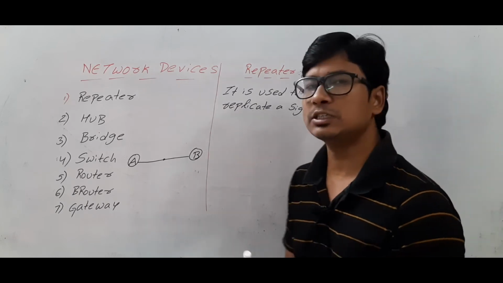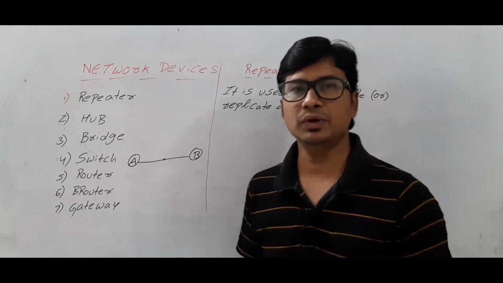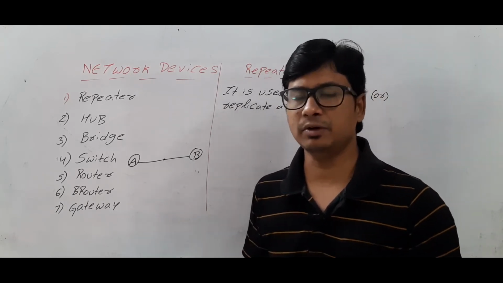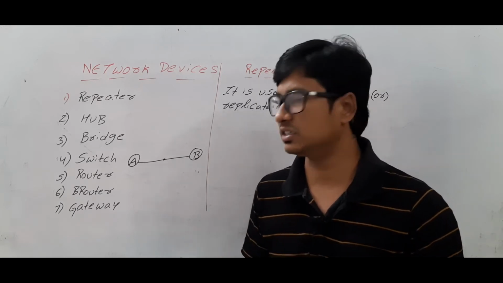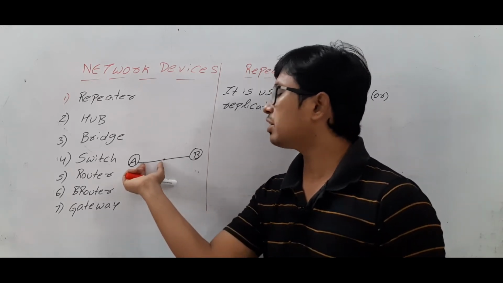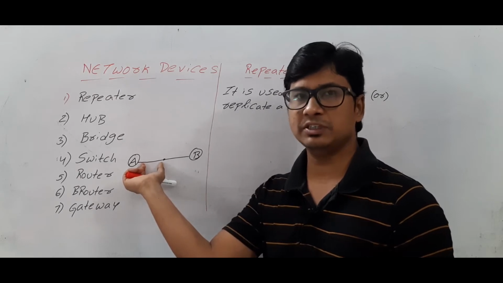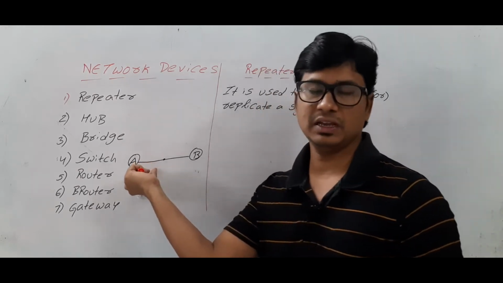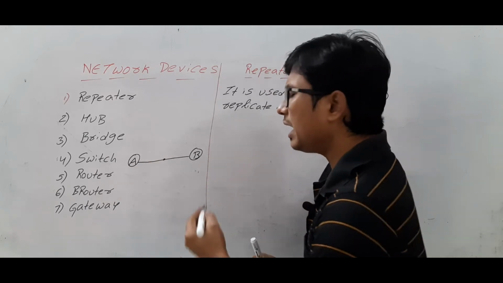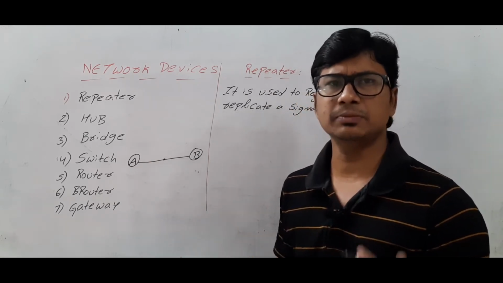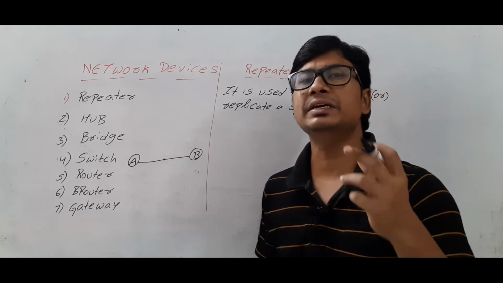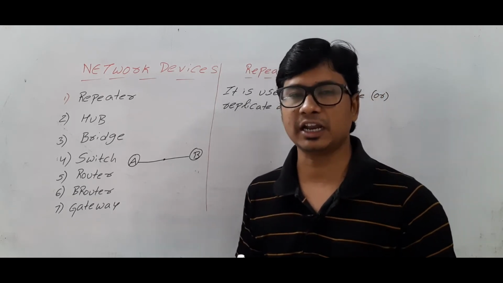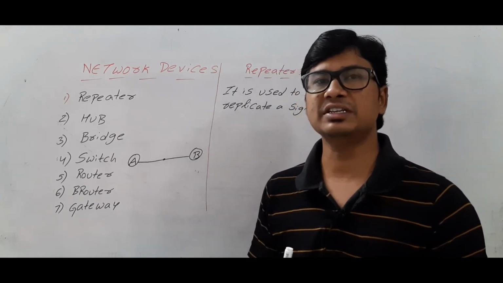Because any transmission cable, whether guided or unguided medium, which we will discuss in the coming sessions, has a range of some particular meters. Let's take a 100 base T transmission medium. The T tells how many meters it can transfer the data at maximum. Suppose it is 100 meters.